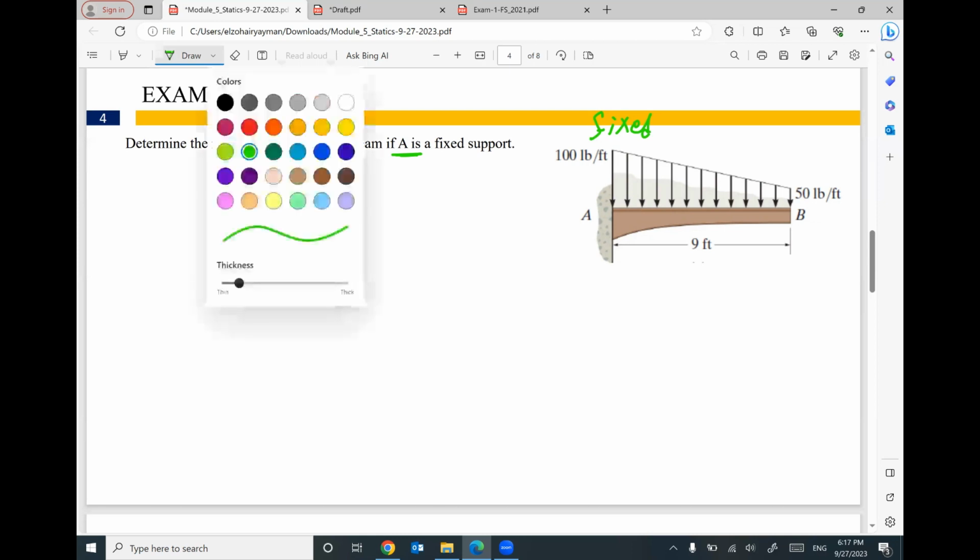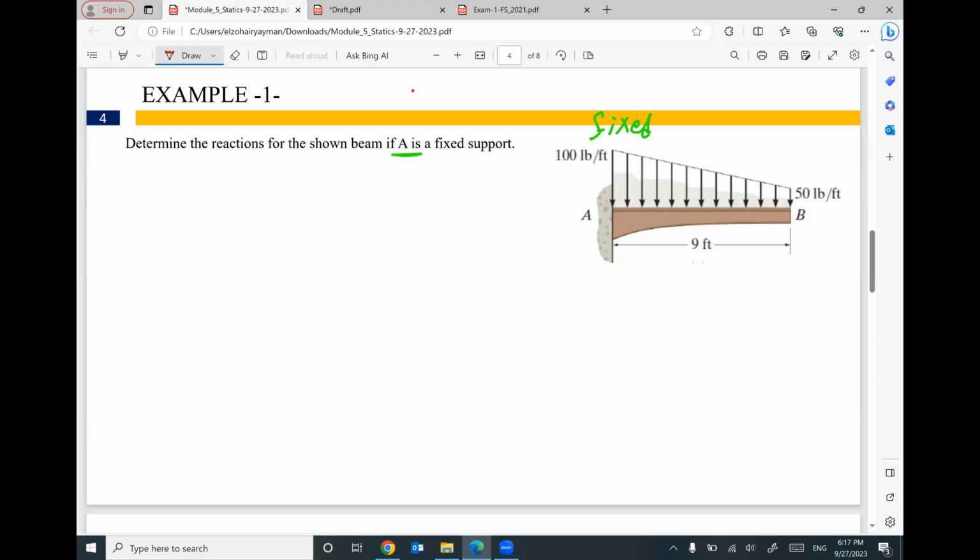If you would like to remember what the reactions at your fixed support were, remember, we have 3 reactions: vertical force, horizontal force, and moment. The horizontal force will be called XA, the vertical force will be called YA, and your moment, I will call it MA. This is the first step, because A is a fixed support.